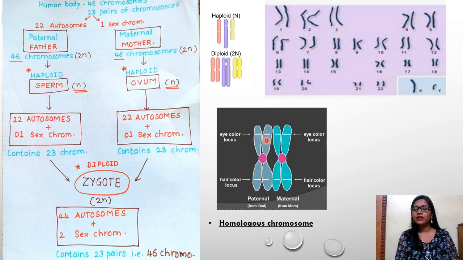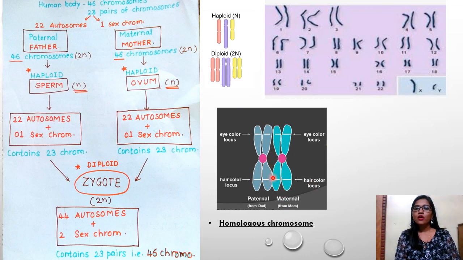These lines are called the position of the genes, the loci, or locus. The paternal gene carries information for eye color, and the maternal chromosome also carries information for eye color. Similarly, for hair color, the same position of the gene on the paternal side and the maternal side.